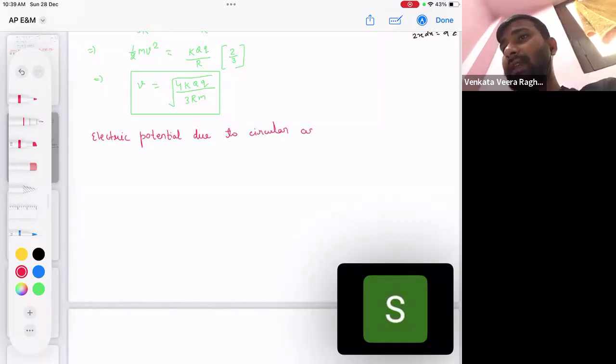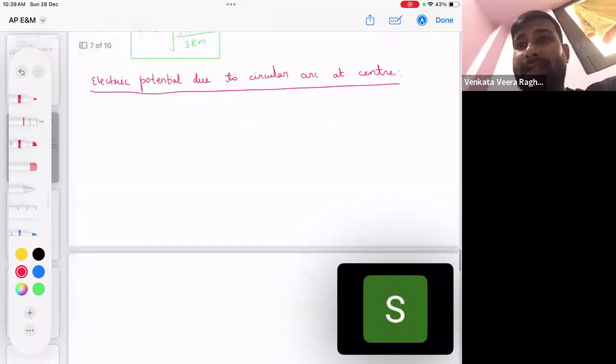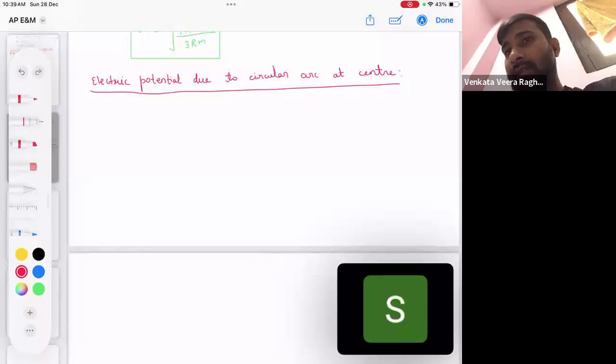But if it is a circular arc, we are calculating where? At the center of the circular arc only. Not every point, only at the center.